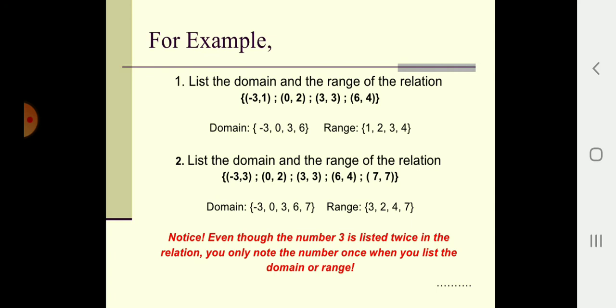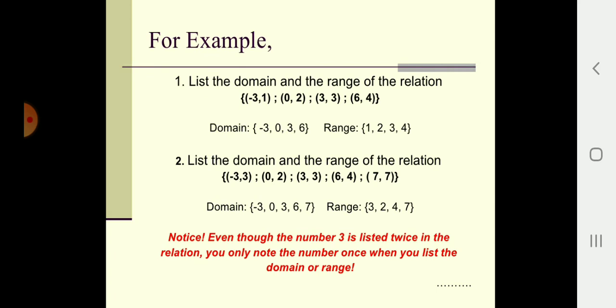So number 2, list the domain and the range of the relation. (-3, 3), (0, 2), (3, 3), (6, 4), and (7, 7).